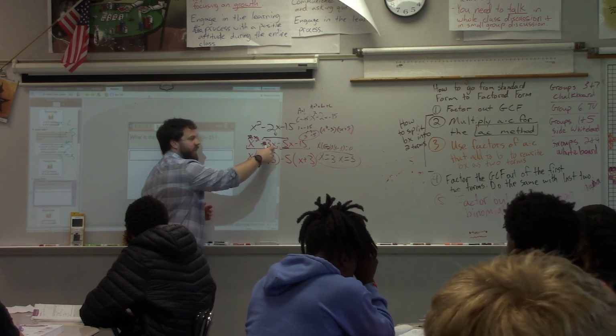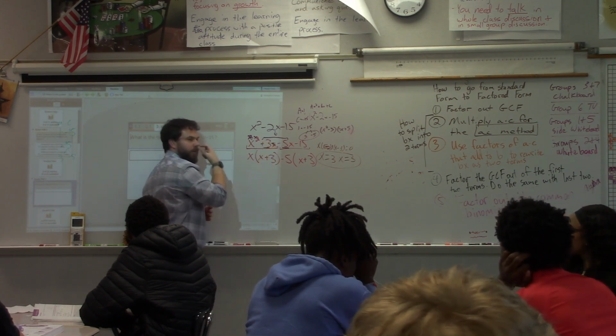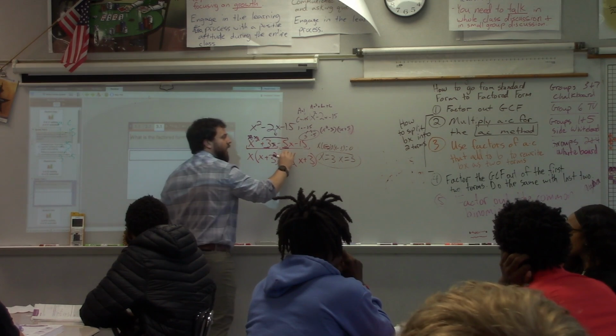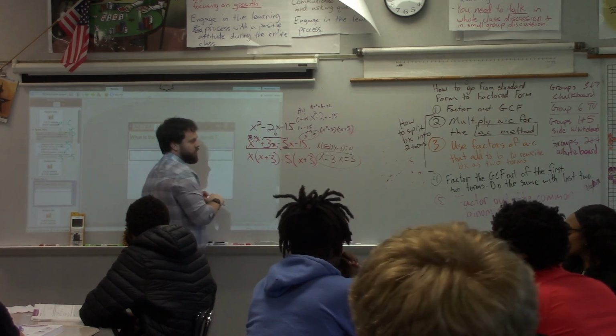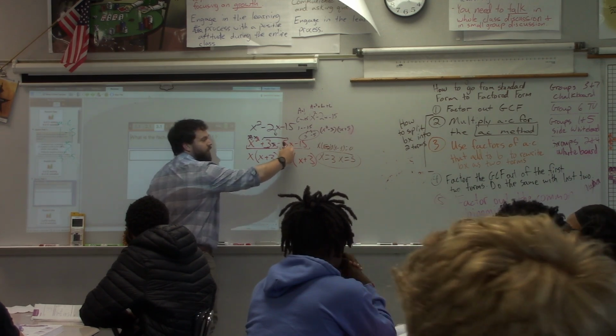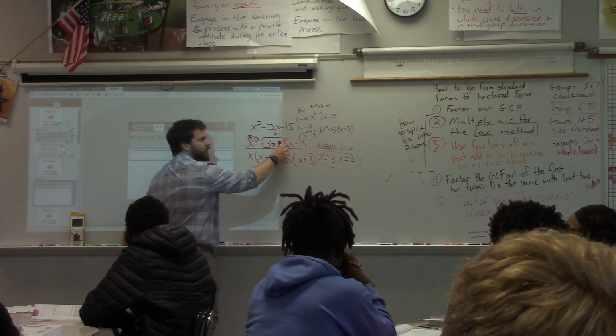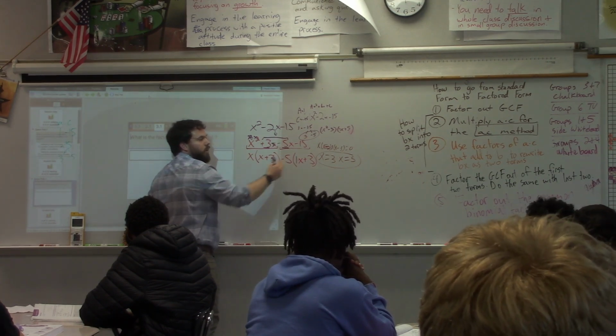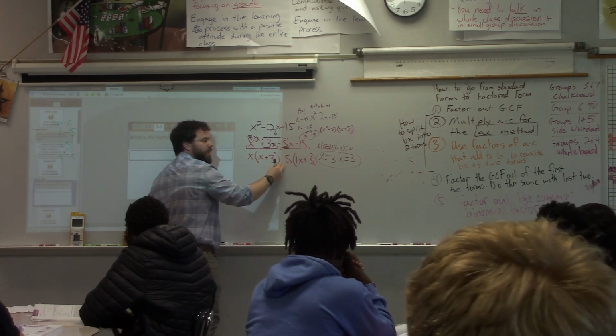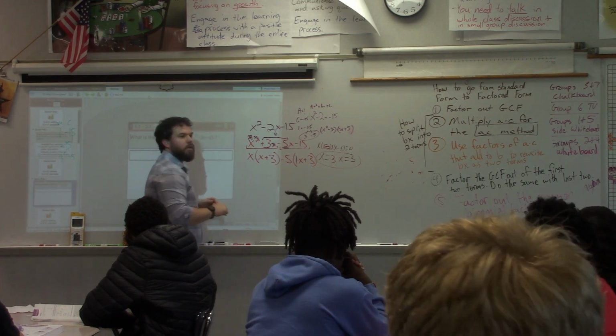And when I factor out this x, I am left with plus 3. What is a common factor that could be multiplied in both negative 5x and negative 15? Negative 5. When I factor that out, negative 5 divided by negative 5 is 1, so I'm left with 1x. Negative 15 divided by that negative 5 is a positive 3.